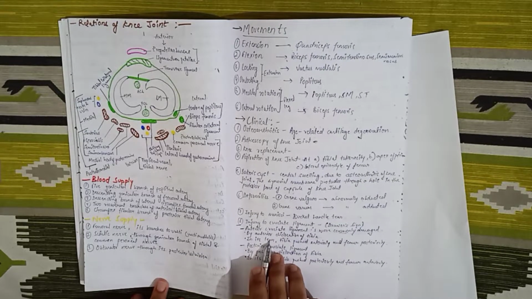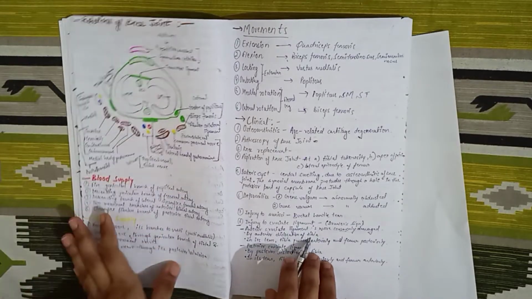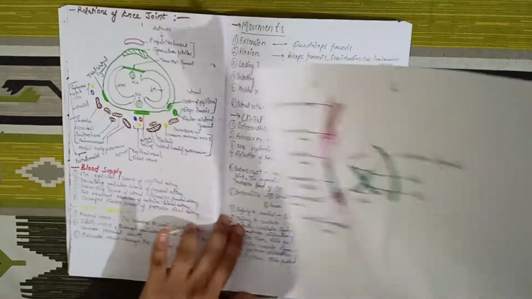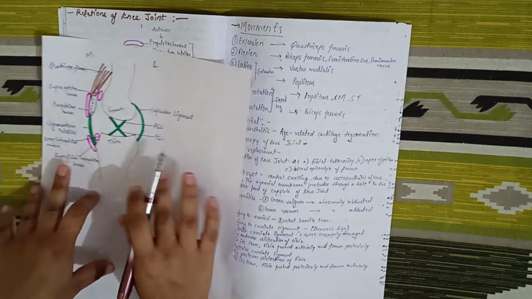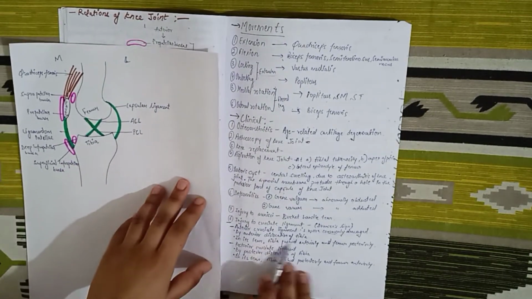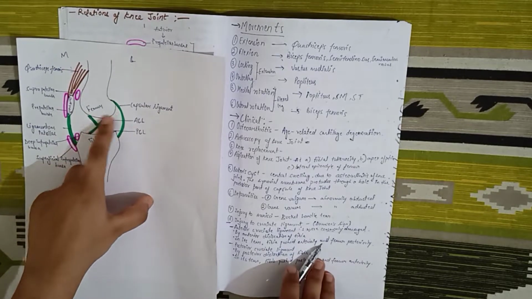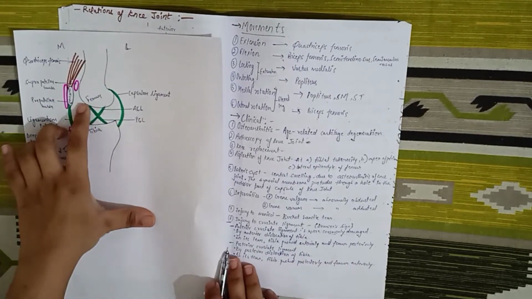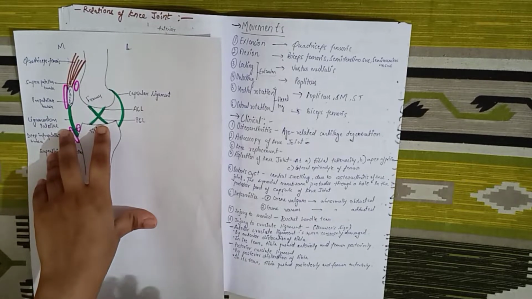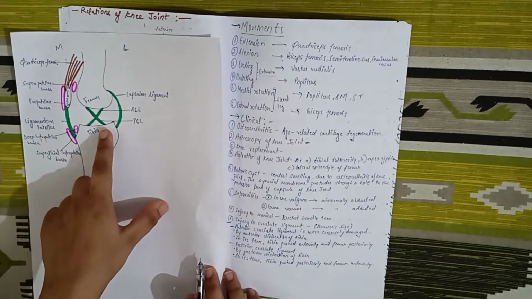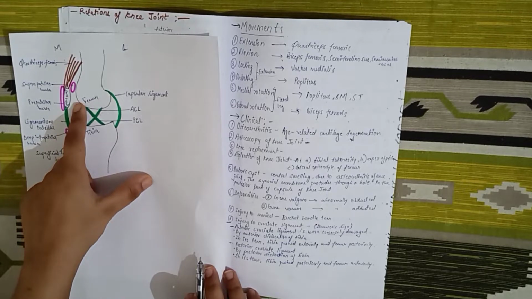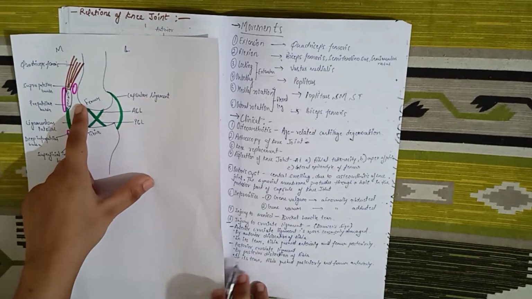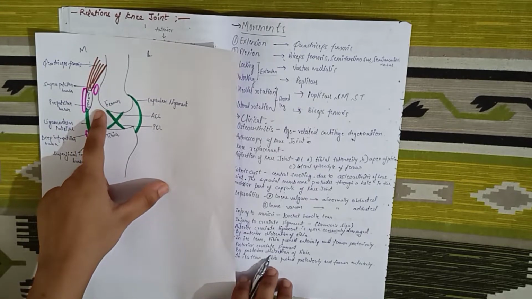In its tear, the tibia is pushed forward and the femur pushed posteriorly, and in a tear of the posterior cruciate ligament, the tibia is pushed posteriorly and the femur pushed anteriorly.